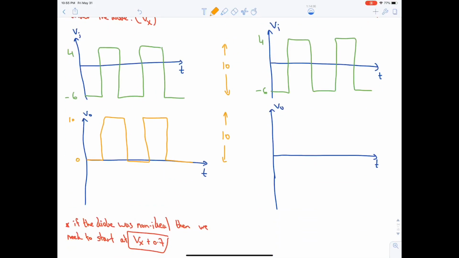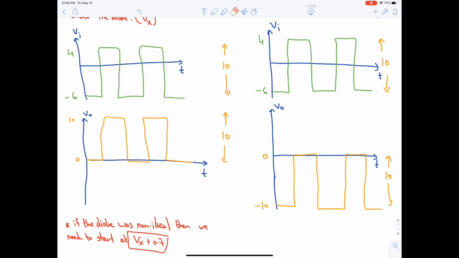So the curve will be like this. Okay, this has to be -10, this is 0. The amplitude here is 10. If the amplitude here is 10, then the amplitude here has to be 10 also, and that's why I have written -10.